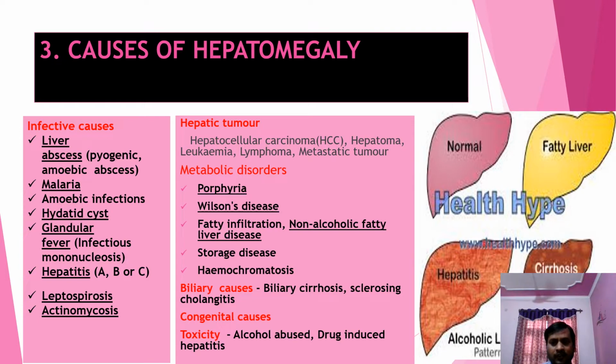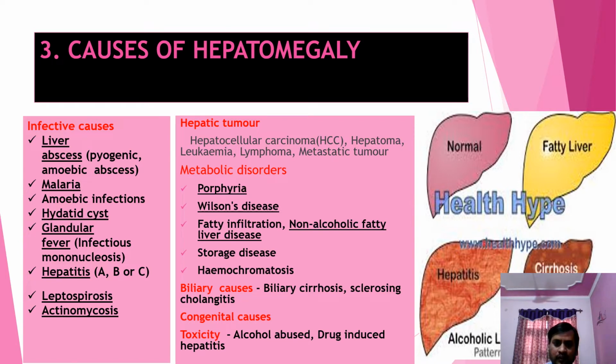The infective causes include abscess like liver abscess, pyogenic abscess, amoebic abscess, malaria, amoebic infestation, hydatid cyst, glandular fever or infectious mononucleosis, hepatitis A, B, or C, leptospirosis, and actinomycosis. Liver abscess, malaria, and hydatid cyst are common, and hepatitis is most common.